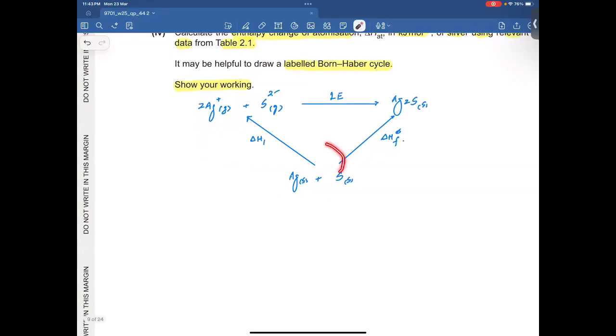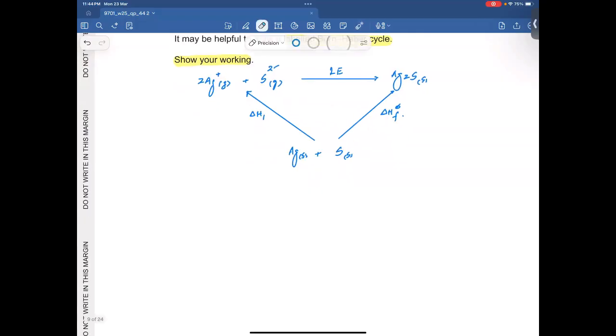Now this has atomization, and then this has first electron affinity plus second electron affinity as sulfur carries 2 minus charge. So delta H1 has 4 different energy values: atomization of silver, first ionization energy of silver, and both of them need to be multiplied by 2 because we have 2 moles here. Third, atomization of sulfur. Fourth stage is first electron affinity and second electron affinity of sulfur. So I hope it makes sense to you.